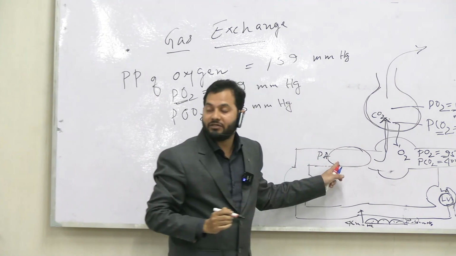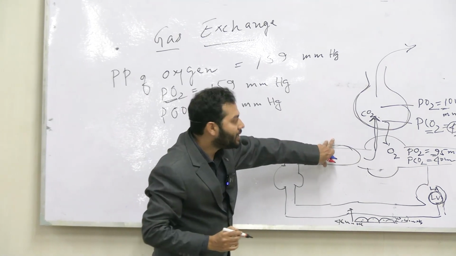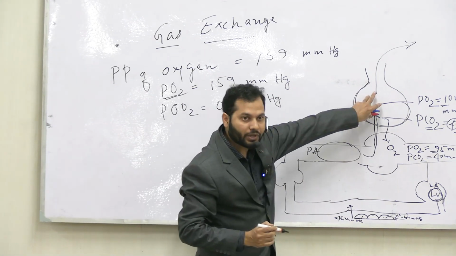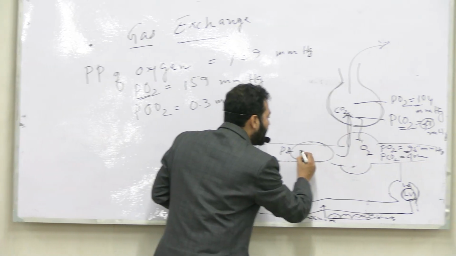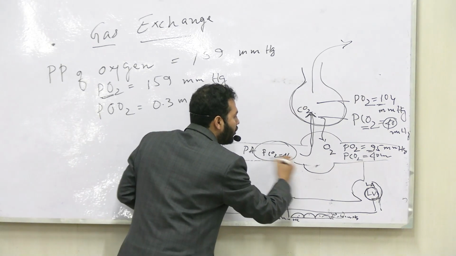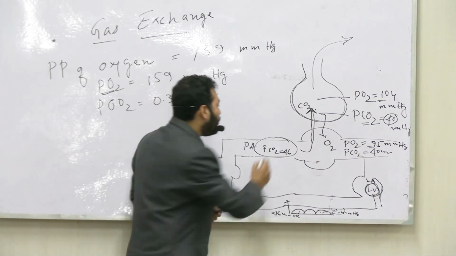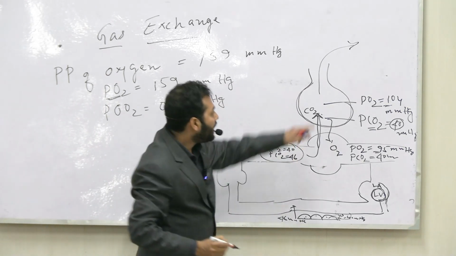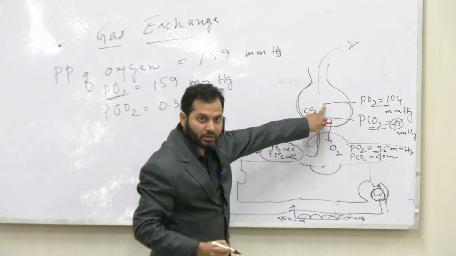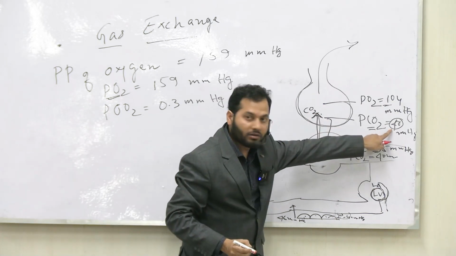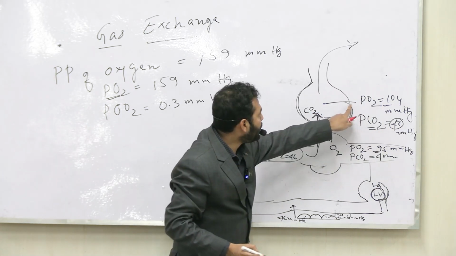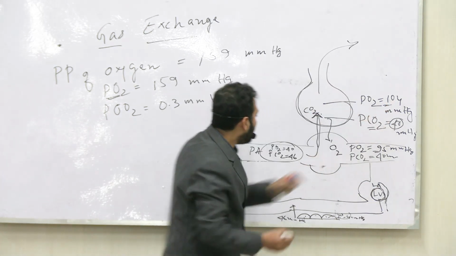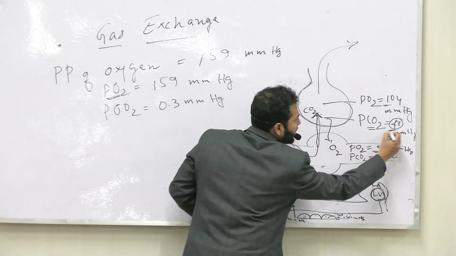Here, if you see the pressure difference between this part and the alveoli, you will find PCO2 is around 46 and PO2 is around 40 mmHg. Here in the alveoli, as I mentioned, the PCO2 is 40 and PO2 is 104. So again there is a pressure difference.